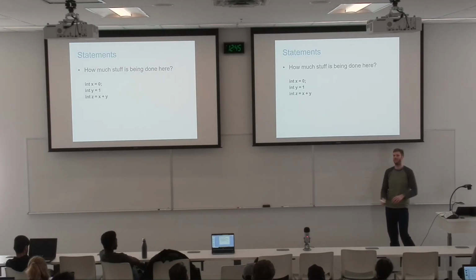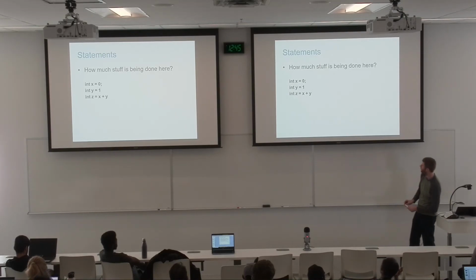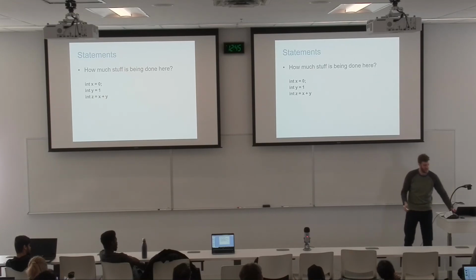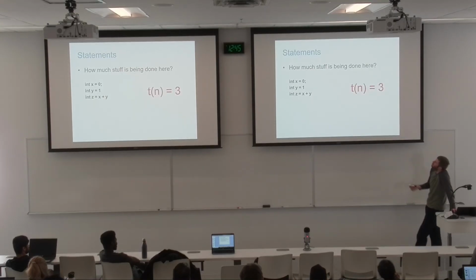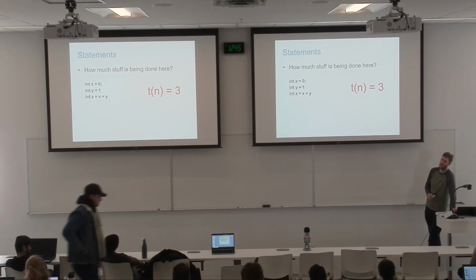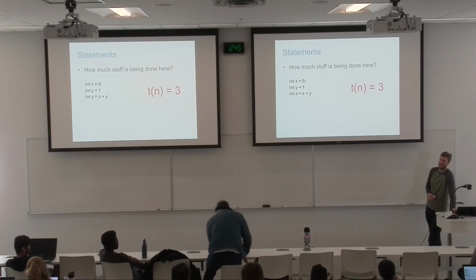For our life at this stage, let's not call it a line of code, but creating the variable x and assigning the value 0 to it is 1 unit. There could be an argument for that third line being that we have to add x and y and then create the variable and assign it there. Fine, but for simplicity, I might call this T of n 3, because there's like 3-ish things going on, right? But remember, we're lazy computer scientists, and I don't like T of n.